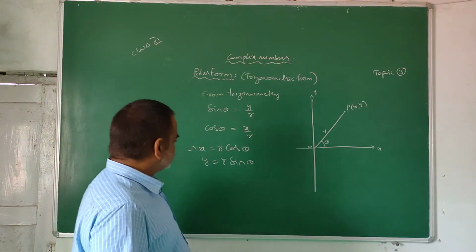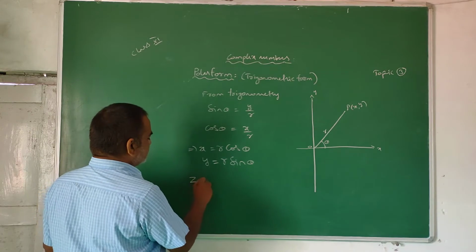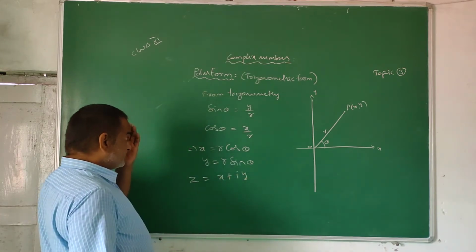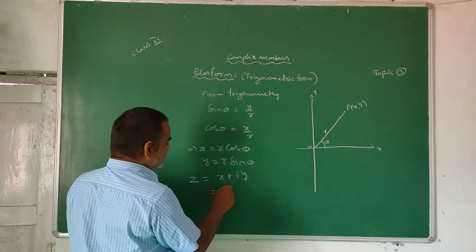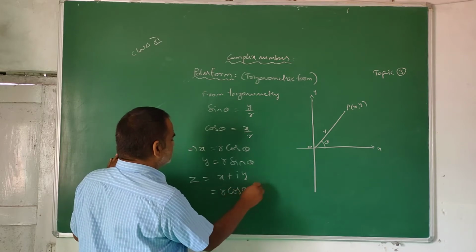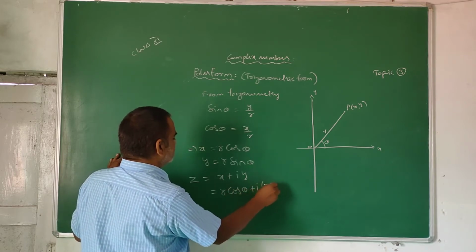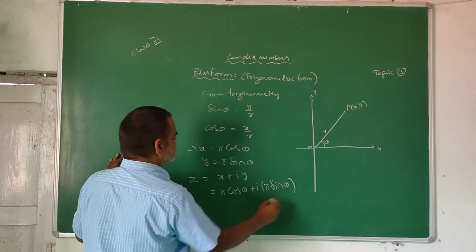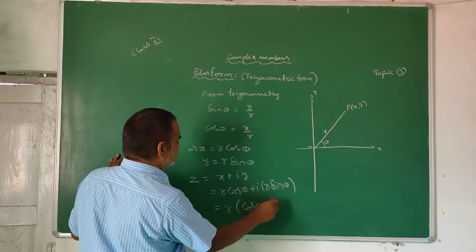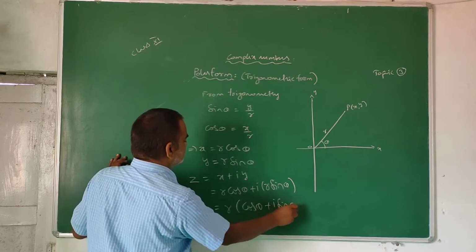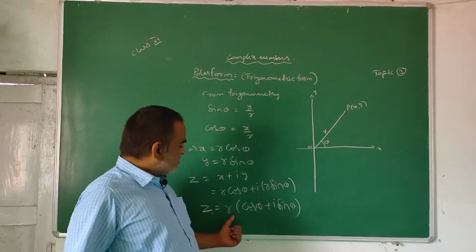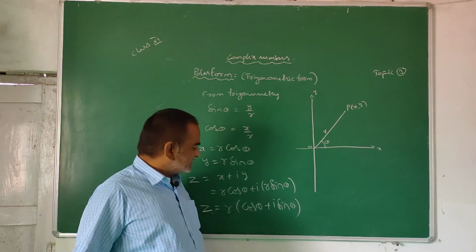Did you understand? Now let us take z in the standard form, which is x + iy. Now you replace x and y. The x value is r cos theta plus i into the y value, r sin theta. So if you take r common, then you will have r into cos theta plus i sin theta.